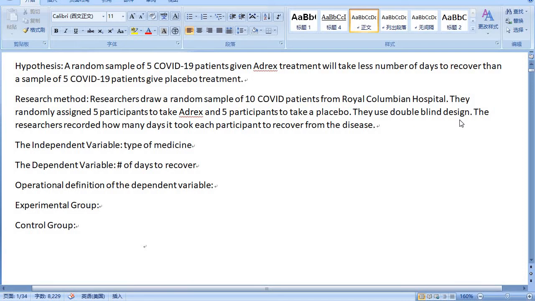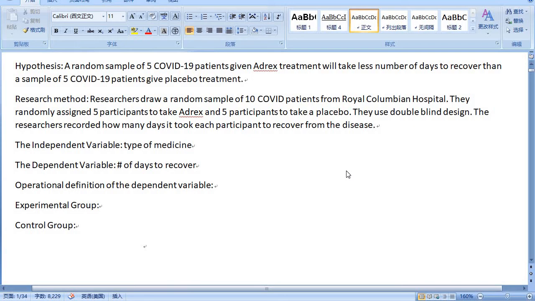Suppose a research assistant is responsible for giving out all the medication and for making all the observations, collecting all the recovery data, well, this knowledge might influence his or her perception of how well each patient is. You don't want this kind of expectation on the researcher either. So the researcher responsible for collecting the data and running the research is kept in the dark.